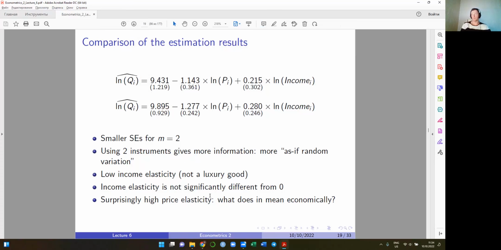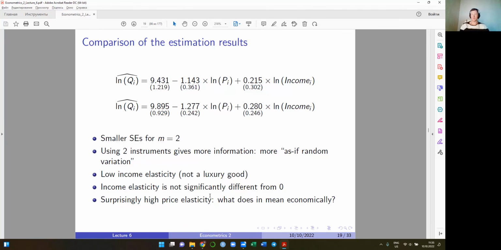So one popular example is gasoline. No matter what the price of gasoline, you will still be filling your car because there is no substitute. Well, in principle, you can buy an electric car, but to substitute a usual car with an electric car needs high costs of this substitution.